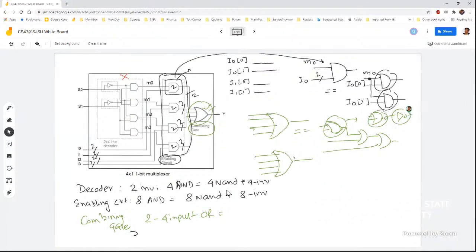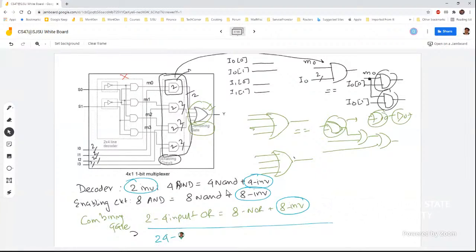Together that's 8 NOR plus 8 inverter. So my total is 2 inverter, 4 inverter, 6 plus 8, 14 plus 8, 24 inverter.